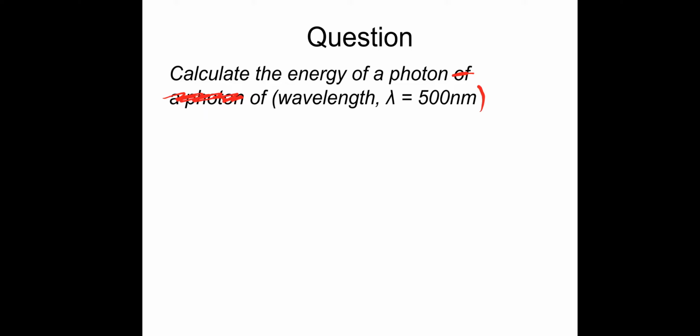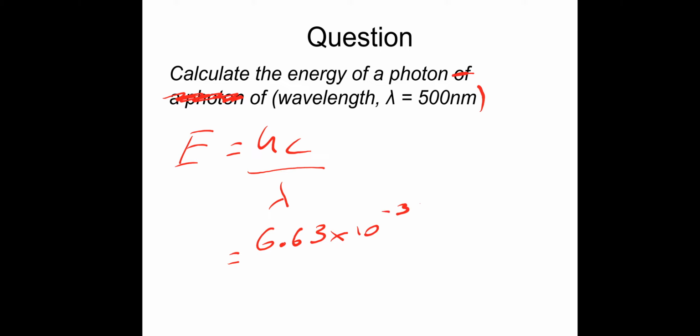Alright, so I'm going to take you through that answer now. We can use the equation that we just made. So energy is equal to HC over the wavelength. So the energy will be H, which is 6.63 times 10 to the minus 34, times the speed of light, 3 times 10 to the 8, divided by the wavelength, 500 nanometers.